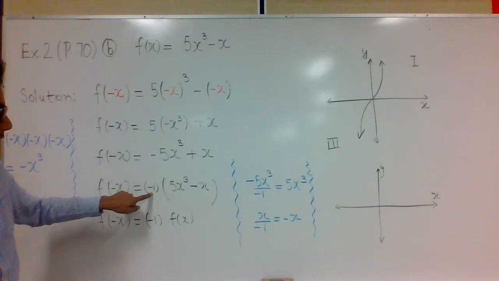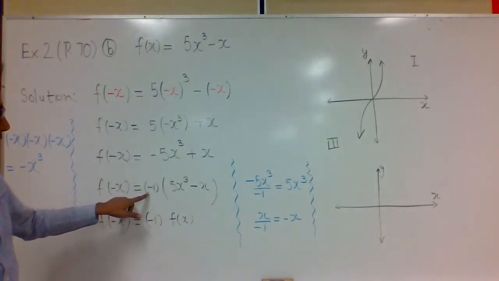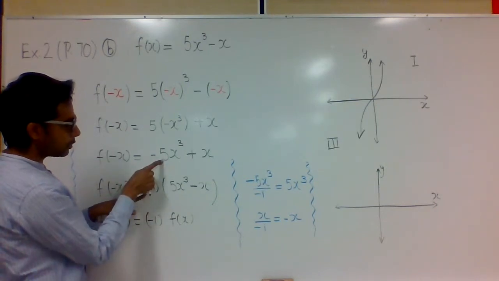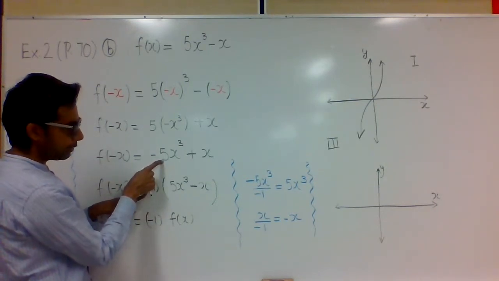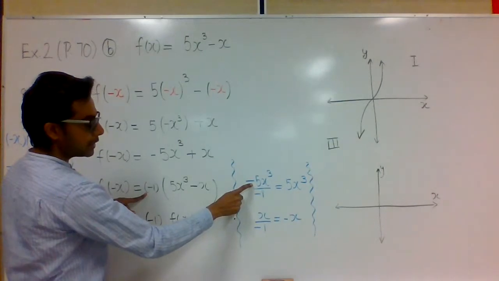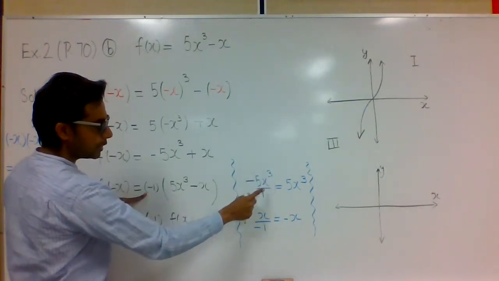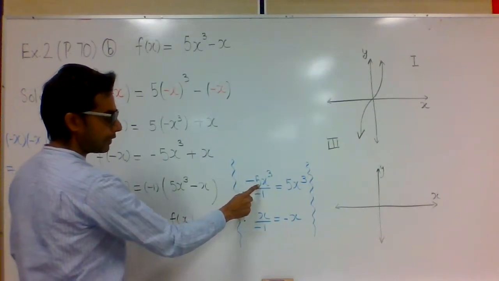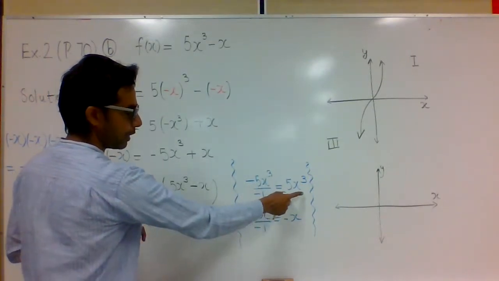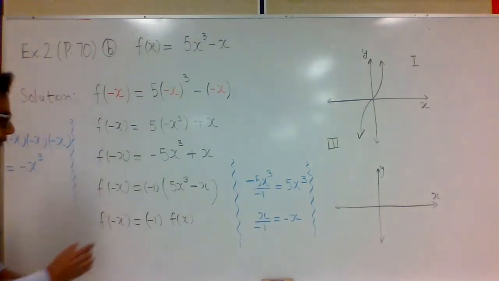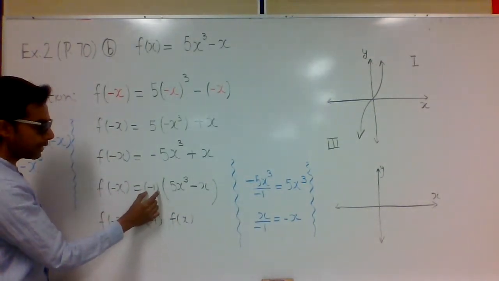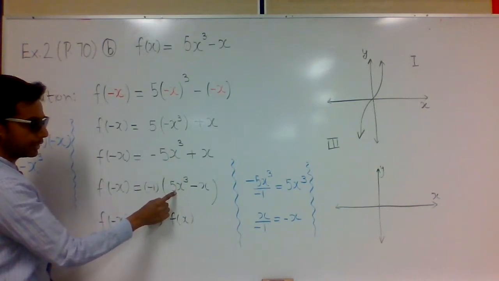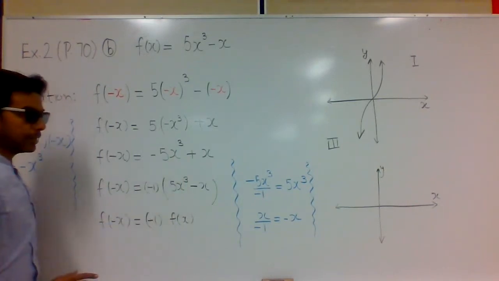How do you find it out? This is one way to do it. I want to factor negative 1 out of negative 5x cubed. What I will do is divide negative 5x cubed by negative 1. Negative divided by negative is positive. 5x cubed divided by 1 is just 5x cubed. Which means when I factor negative 1 out of this one, what is left over is 5x cubed.